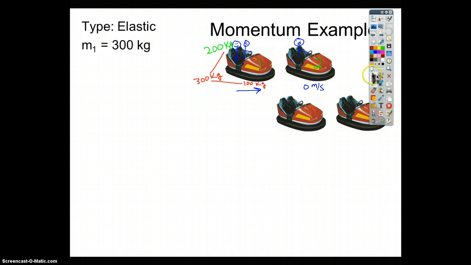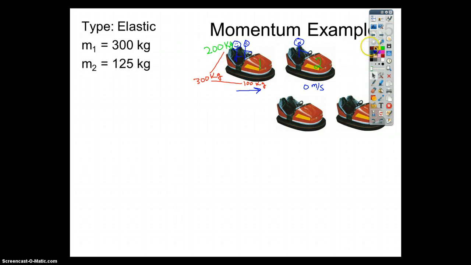The mass of her and the car she's in is a total of 125 kilograms: her mass is 25 kilograms and the car is still 100 kilograms, so together you get 125 kilograms.